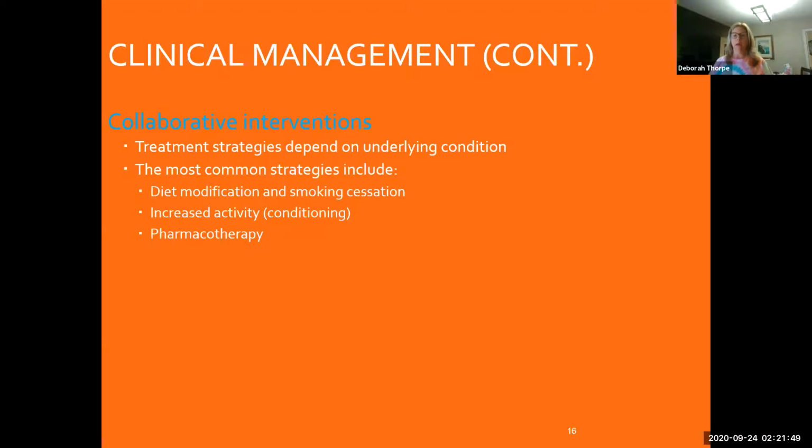I'm not going to give you specific drugs, they are in your book, but for example, vasodilators increase the diameter of the blood vessel, and they work by different mechanisms in order to do that.